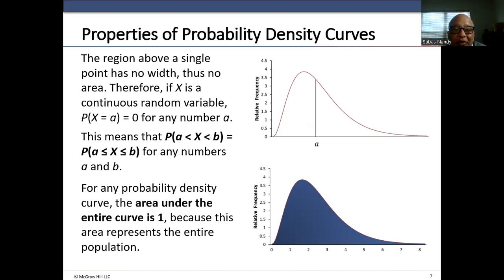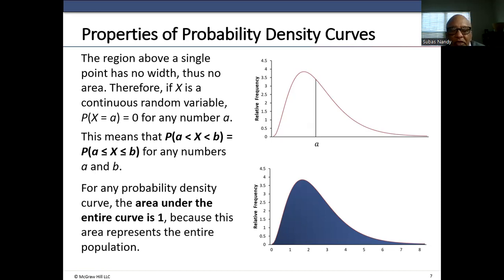Both a and b are inclusive in the second one, that's why they have an equal to sign. That means that if you include a or b, it will not make any difference, because the probability of x equal to a and the probability of x equal to b are both 0. So whether or not you include the boundaries a or b does not make any difference.